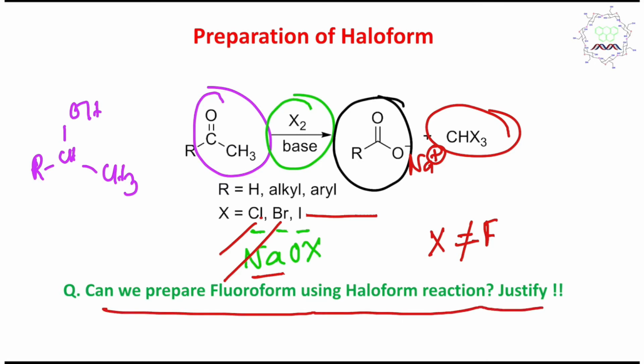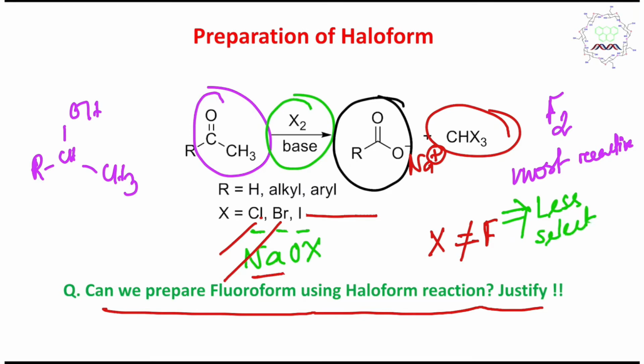For that purpose, you need to understand the unique chemical reactivity of fluorine. Students, it is the most electronegative atom in the periodic table and one of the most chemically reactive. When I say most reactive, it indicates that it is less selective.